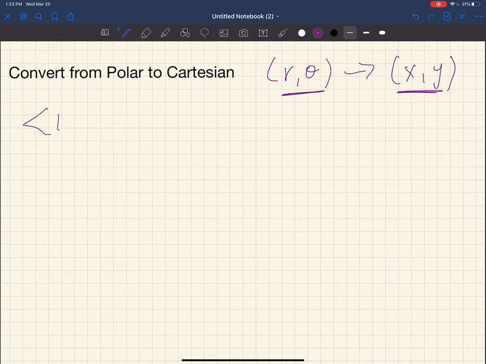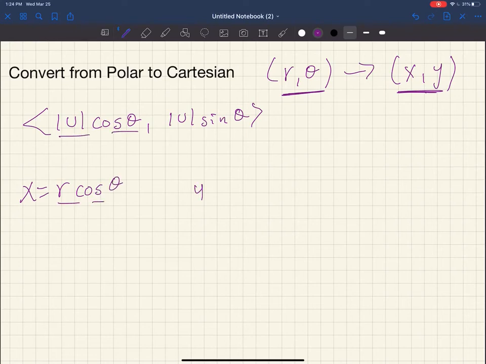If you remember your component form, which is magnitude of u times the cosine of θ, magnitude of u sine of θ, it will be related to your new x equals r cosine θ, which are basically the same things, and then y equals r times sine θ.